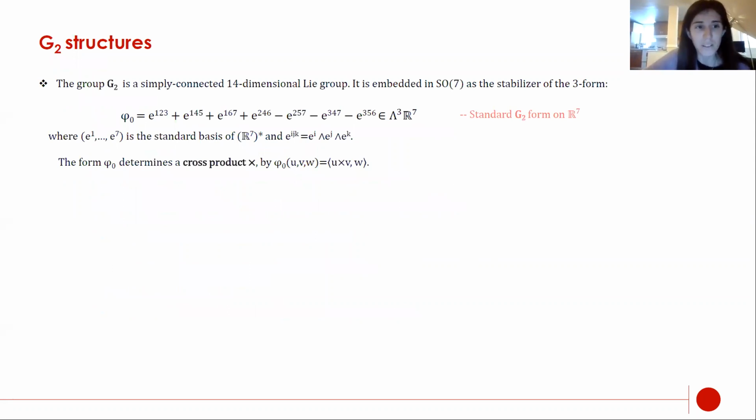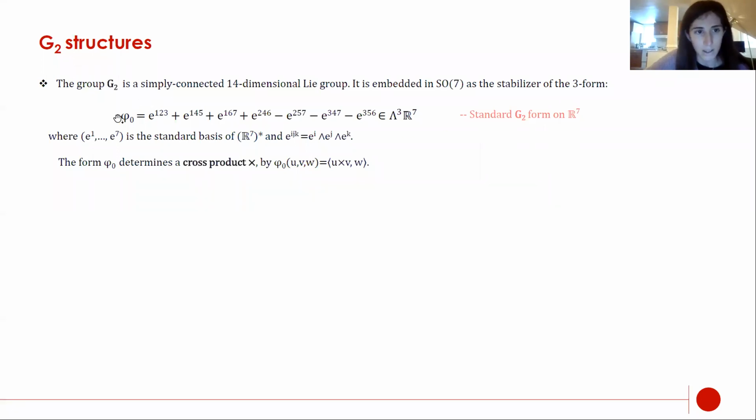Well, the group G2 is a simply connected 14-dimensional Lie group, and it can be viewed as an embedding in SO(7), being the stabilizer of a certain three-form that I will call the standard G2 form of R^7.